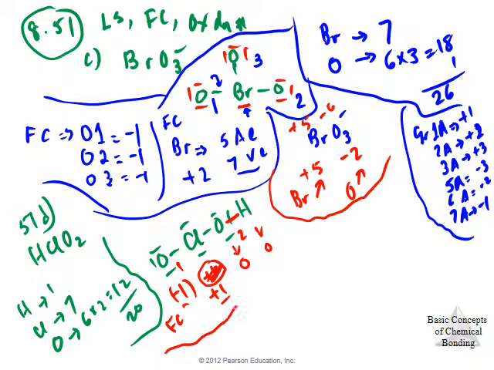Now we're going to do oxidation numbers. Let's write down HClO2 again. Oxygen is more electronegative, so it must get the negative numbers, and it's from group 6, so each oxygen gets -2.